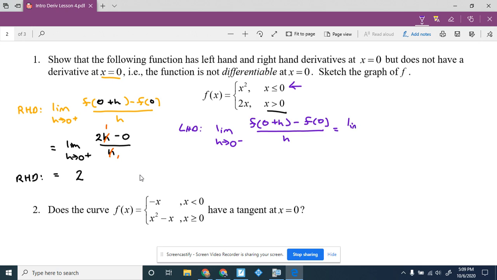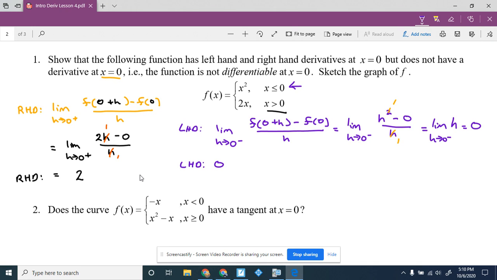So I would get the limit as h goes to 0 from the left of h squared, because I'm plugging into here now, minus 0, 0 squared is 0, all over h. When I spruce this up, this factor of h crosses out, and I end up getting the limit of h as h goes to 0 from the left. Well, I just directly substitute 0 and I get 0. So the left-hand derivative is 0.